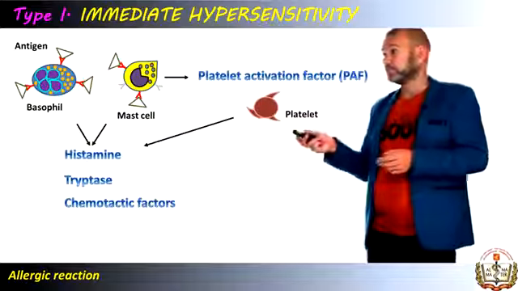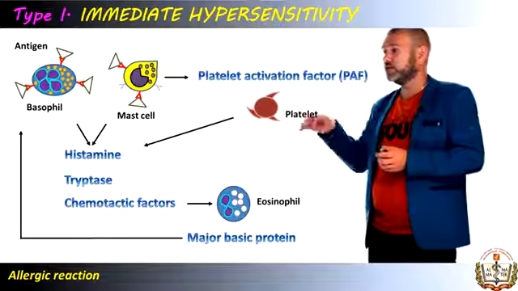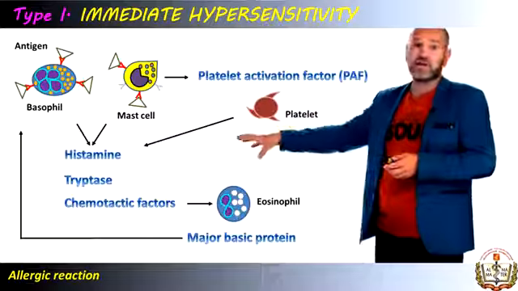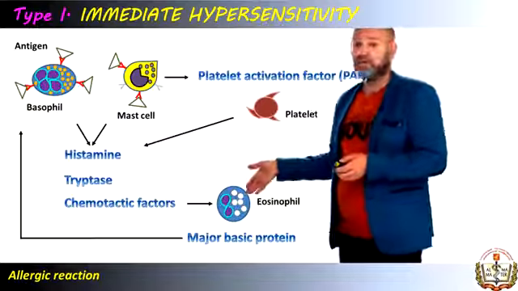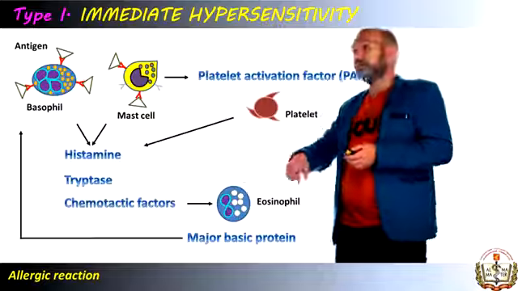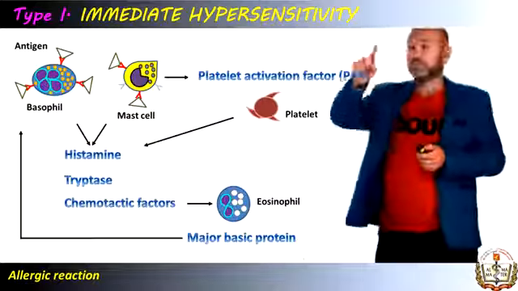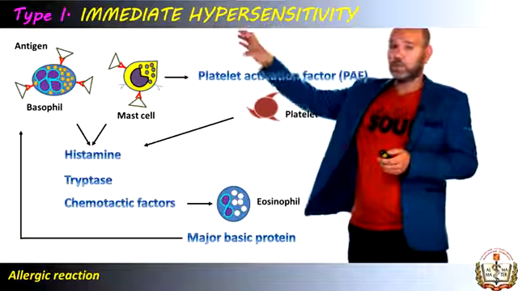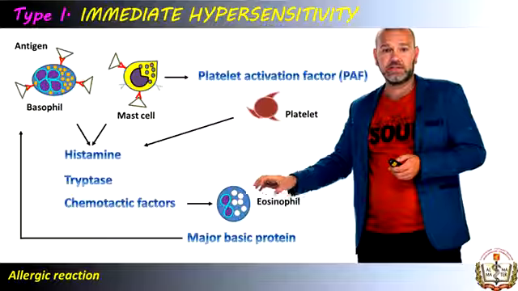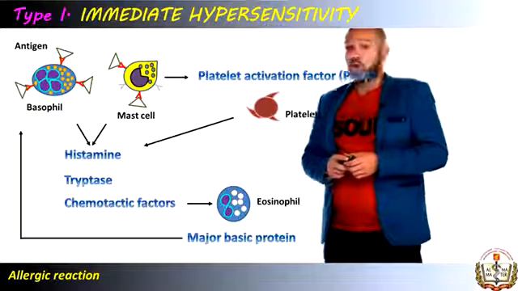So, chemotactic factor. Mainly it will induce migration of eosinophils. They will secrete major basic protein, which increases release of histamine by other cells. And you will have that circle. Activated cell will activate another cell, and every cell will release more and more histamine.